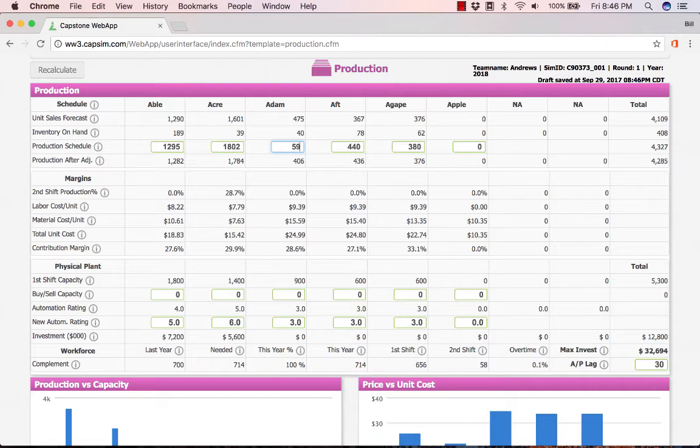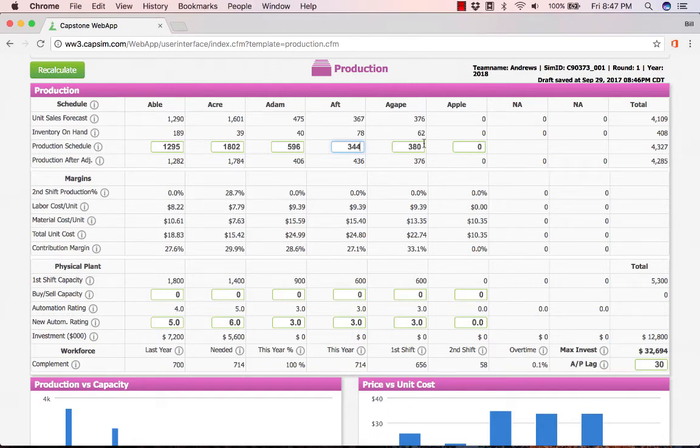So what did I just say? 596. Okay. I'm going to leave capacity and automation alone on that for now. For Aft, I'm going to order again 367 times 1.15 minus 78, which will leave us with a production order of 344.